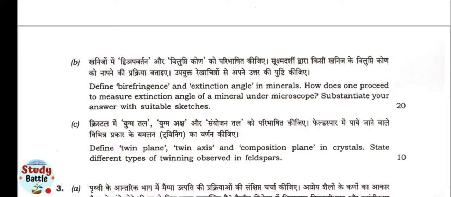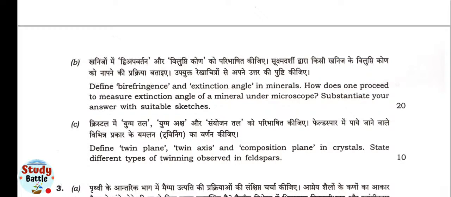You all know that if an unpolarized light passes through an anisotropic mineral, it bifurcates into two directions or two rays. One is known as the O ray, the ordinary ray, and the other as the E ray, the extraordinary ray. So this is the concept behind birefringence.